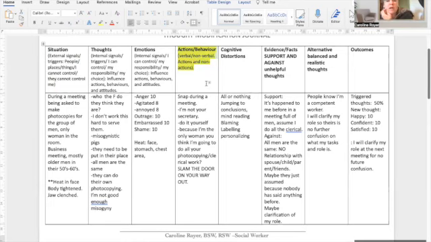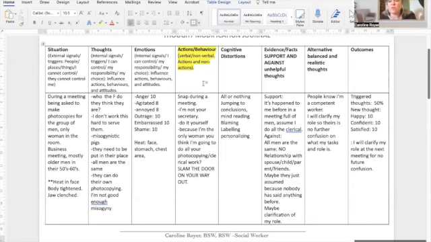Sometimes when we're in a situation and we act or behave a certain way, we revisit it later because we're a bit embarrassed by our behavior or by what took place, but not really understanding the whole process or what actually happened. So we're going to start with the action and behavior and then work our way to what the situation was and work through our thoughts and emotions.